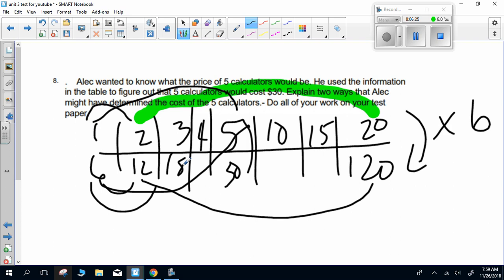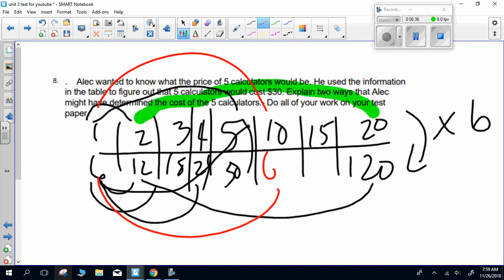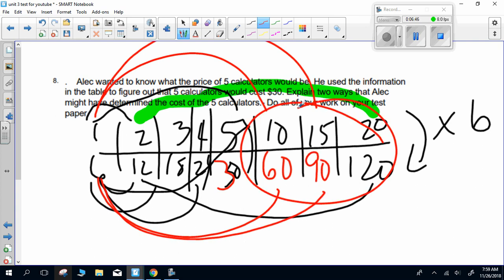And then this would be, because it's times 4 times 4, 24. And then here, we need to go times 10 times 10, which would be 60. And then, remember this is 30. And then times 15 times 15, which would be 90. Lots of you all missed right here, so make sure you fix that up.